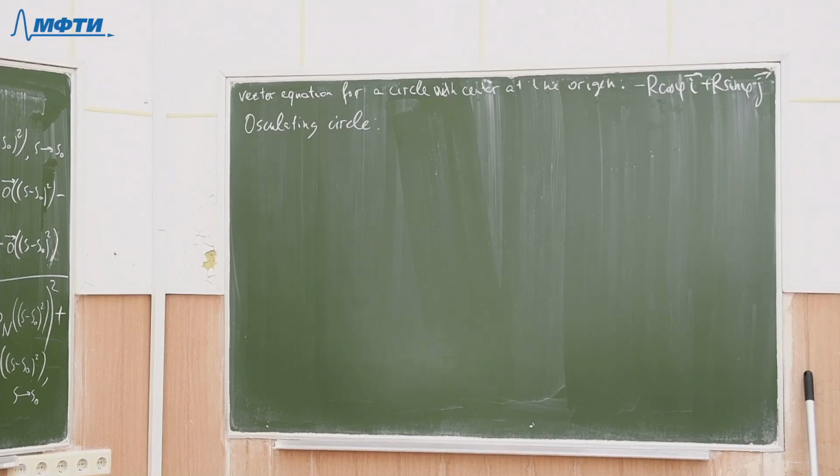So we need to translate the center of our circle from the origin to a special point. Which point? Where is the center of our circle?